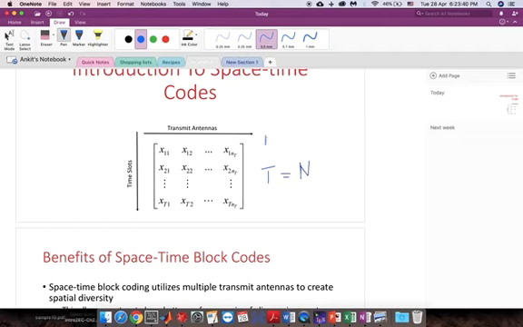And capital N is nothing but the number of transmitter antennas, which we also represent with small n and small t. Each column represents the time slot and each row represents the transmit antenna.